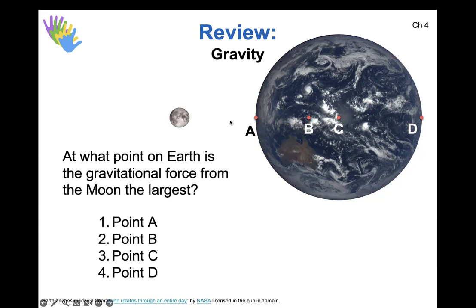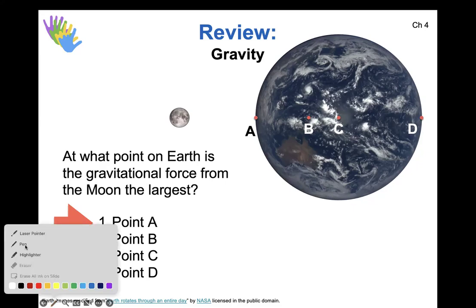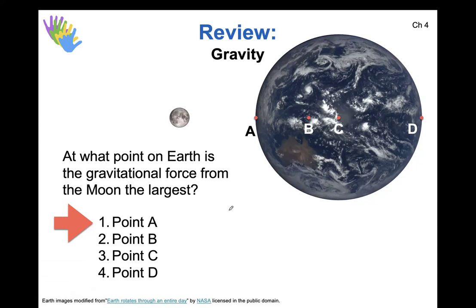So where would the gravitational force be the strongest? All right, you all think point A. Well, you're right. And of course, that was not meant to be a difficult question, although I could see rightfully hesitating because you're like, wait, is this a trick question? And it simply comes down to that the force of gravity is proportional to 1 over the distance squared.